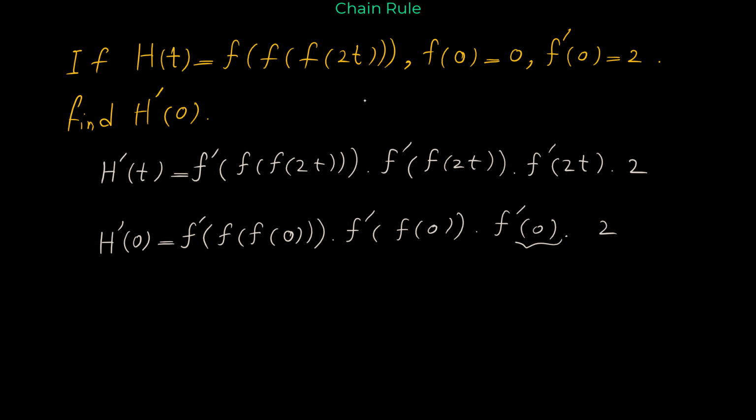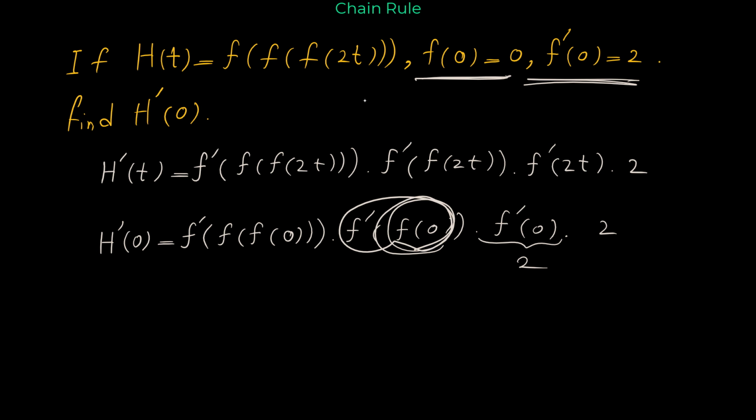F prime of 0, if you pay attention to here, is given 2. So this is 2. F of 0 is 0. So this is 0. And because this is 0, f prime of 0 is 2. So this is also 2.